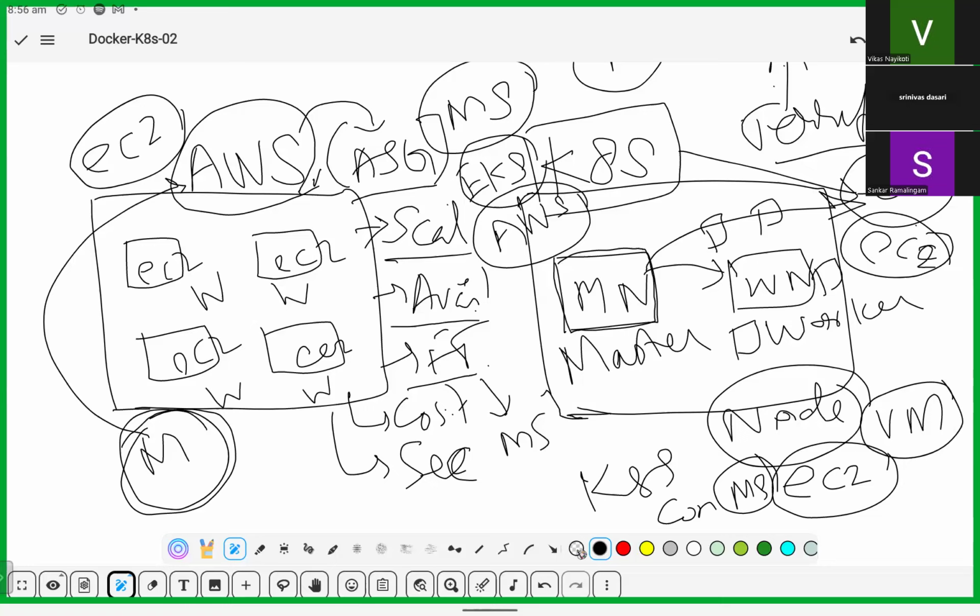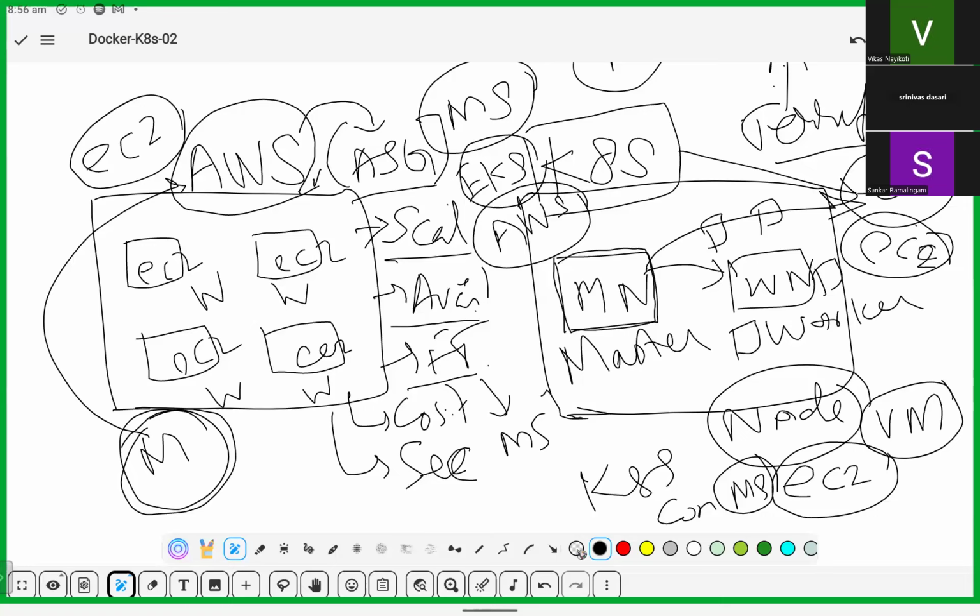So you said about EKS. EKS is a Kubernetes managed service in AWS. In AWS, you have Elastic Kubernetes Service. Similarly, you have a Kubernetes service in Azure, that is Azure Kubernetes Service.